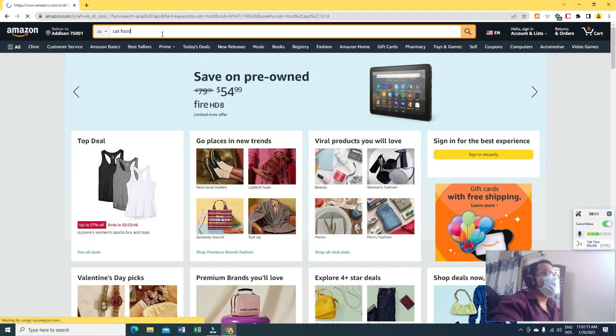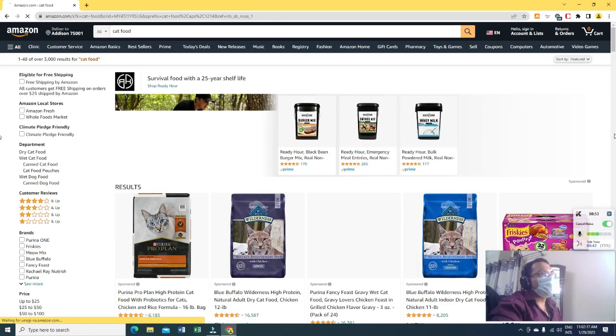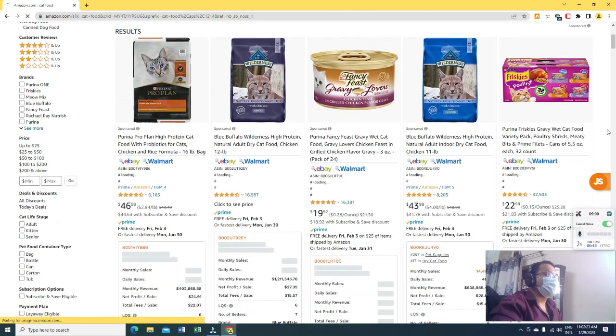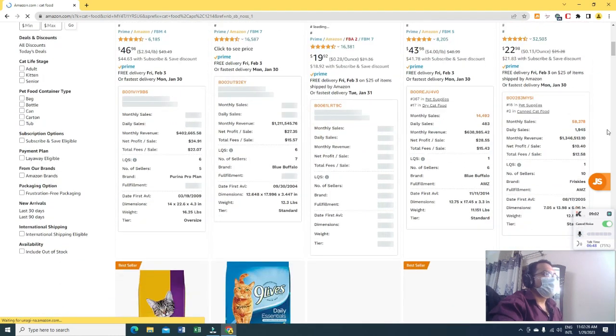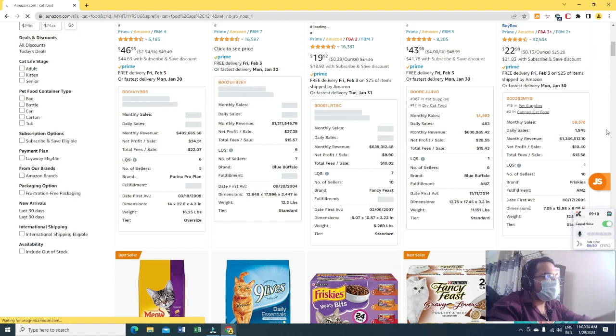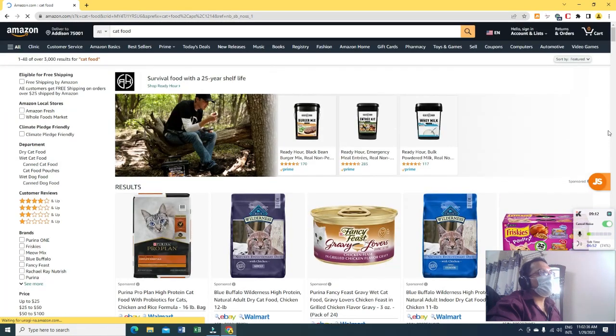You want to take a pen and paper and basically note this down. Over here, I'm seeing cat food. Where is my cat food product? I have to find a product that's a cat food and that I can use.